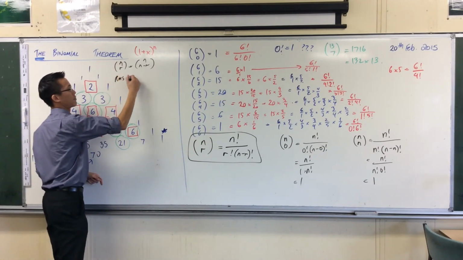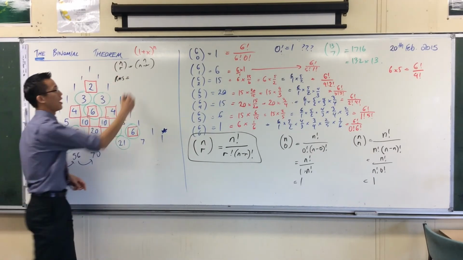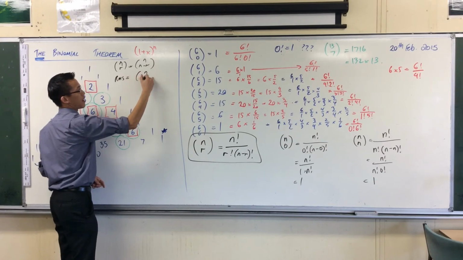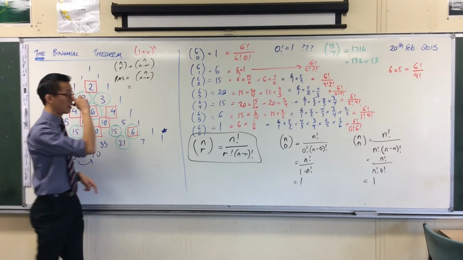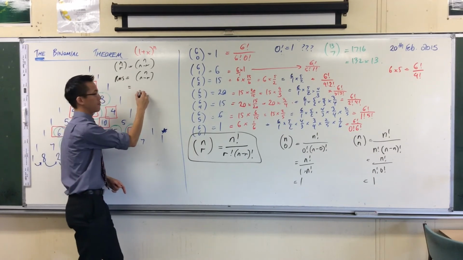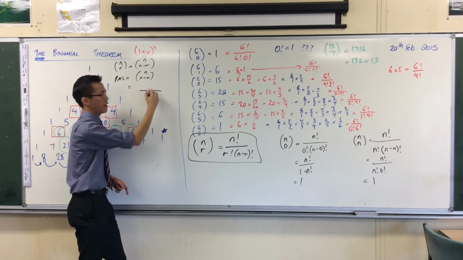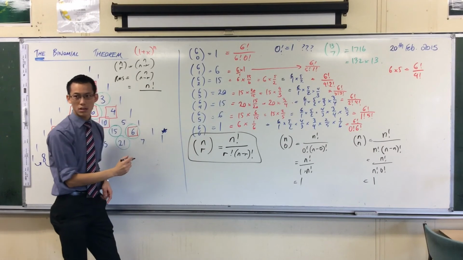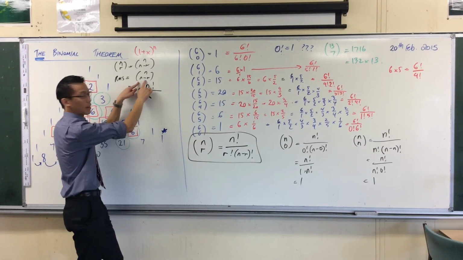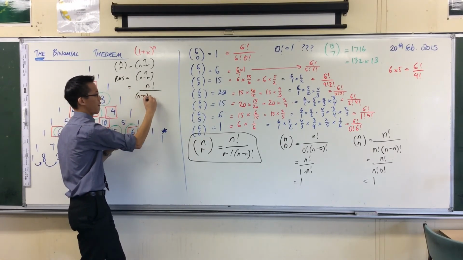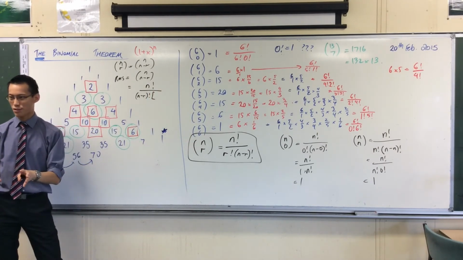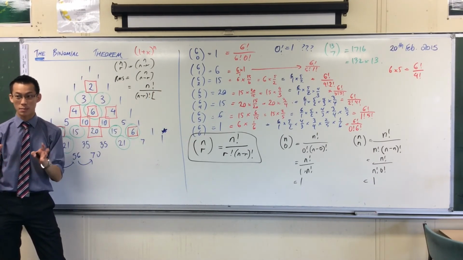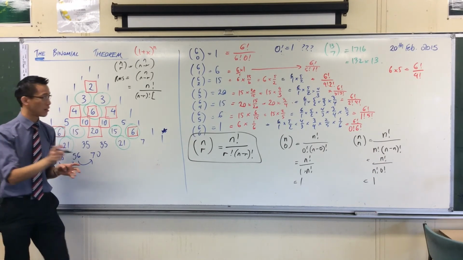Right-hand side. That's n minus r. Okay, by definition, watch out here. Tell me the easy bit. What's on the numerator? N factorial. Okay, what's on the denominator? Bracket n minus r. I'm going to have this factorial. And then I'm going to have, watch, I've got a lot of different letters flying around and sometimes being reused, which is a bit tricky.